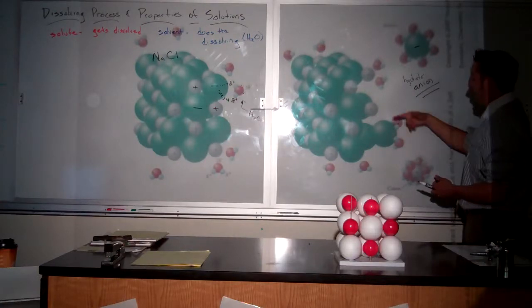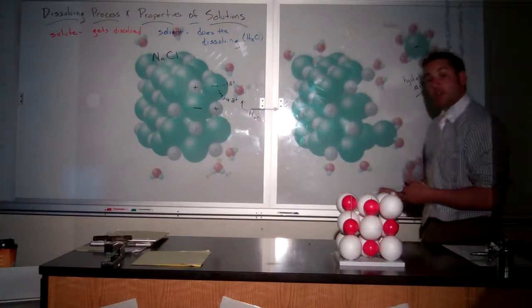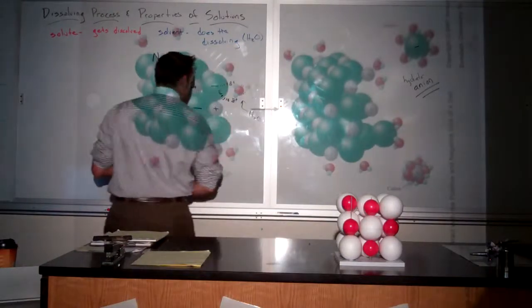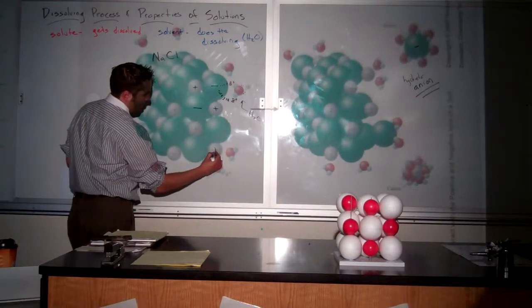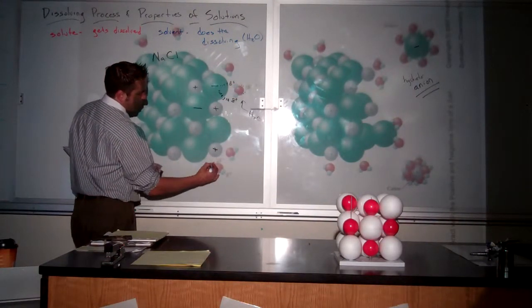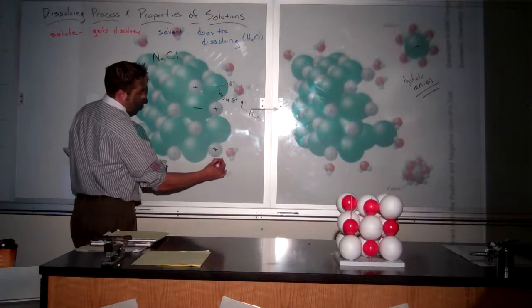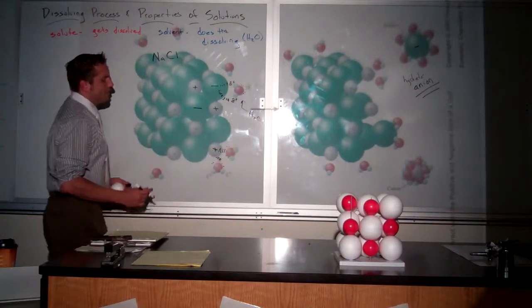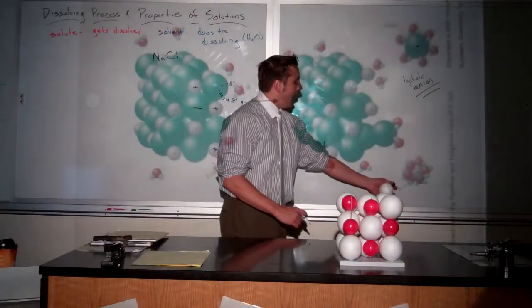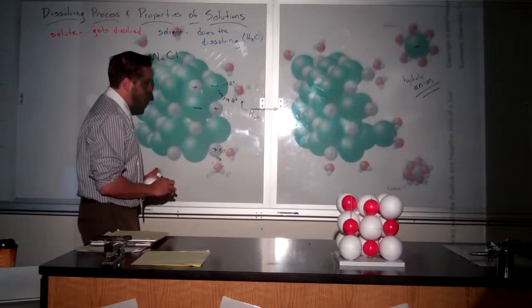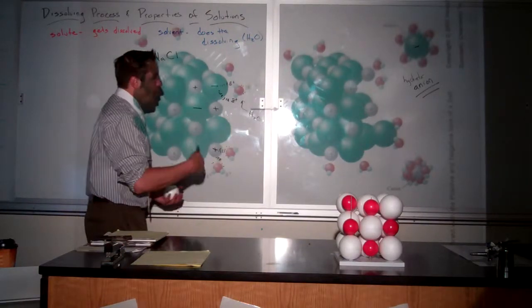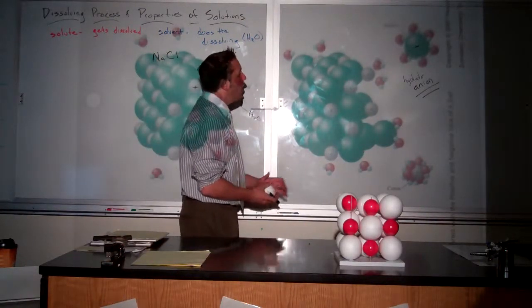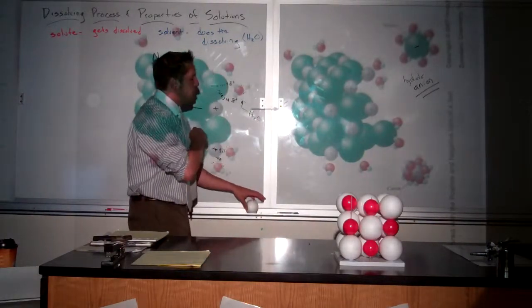And if you notice, as this happens, the same thing in reverse happens with the cation. Here is my positive cation, so the negative end of the water molecule, the part with the unshared pairs of electrons, will attack the cation, and we will get a hydrated cation. As that process continues over and over again, notice what happens to the crystal lattice.